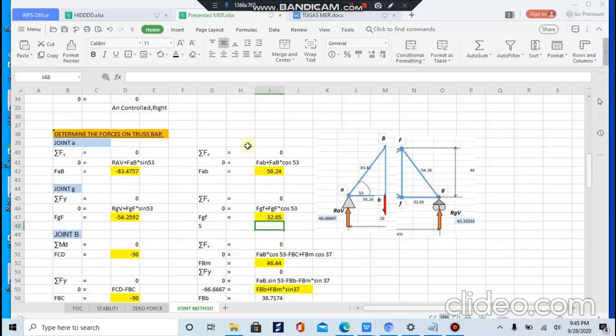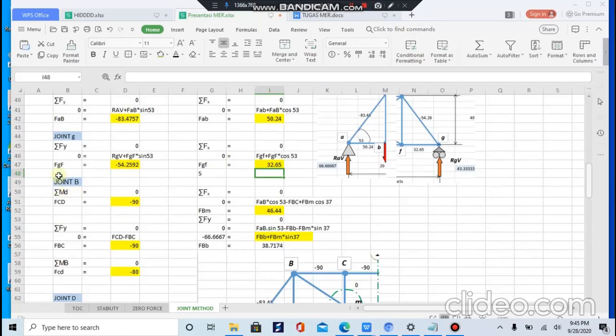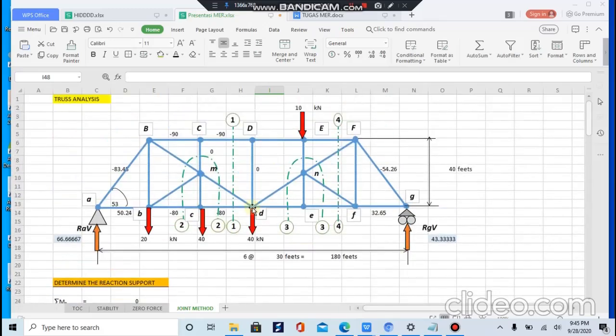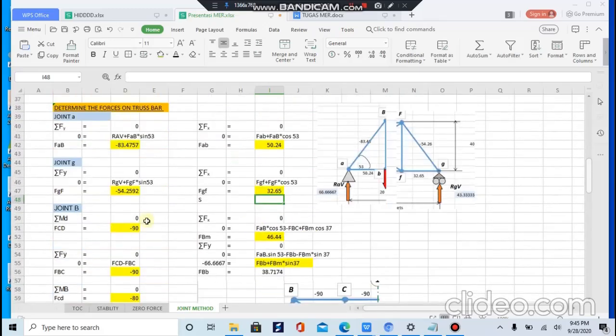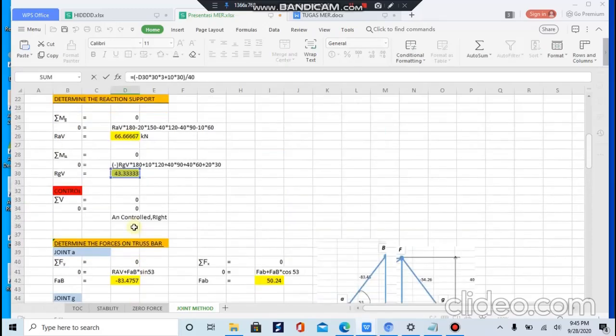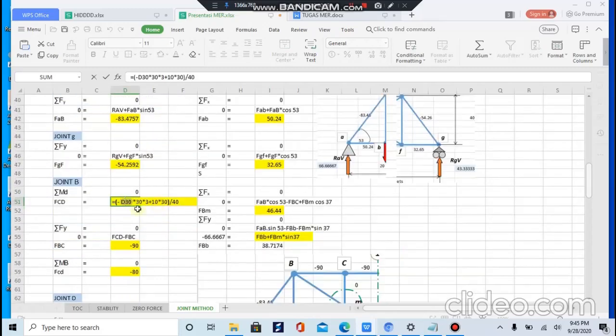Okay, for the joint B, maybe it will be a little bit different because I want to use another equation. So here I use the moment. Sigma moment on point D is equal to 0. So FCD is equal to the RGV times 30 times 3 plus 10 times 30, divided by 40.